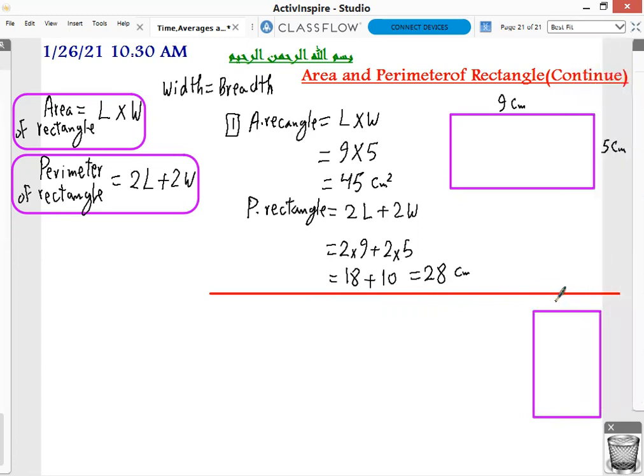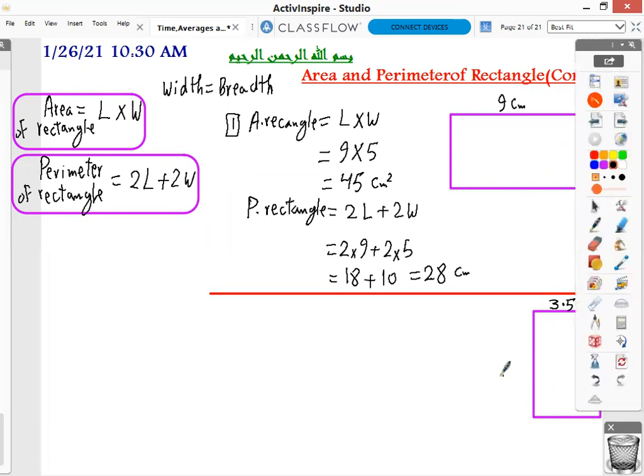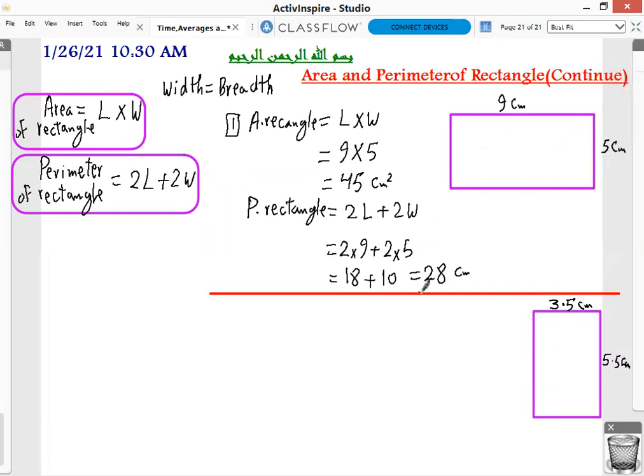Here it will be 3.5 centimeters. Here it is to be 5.5. Now, about question 2, area of rectangle.